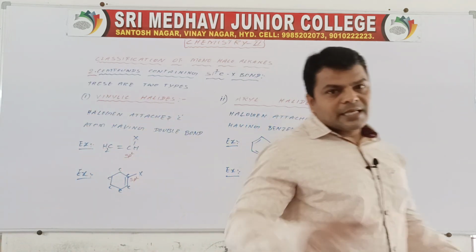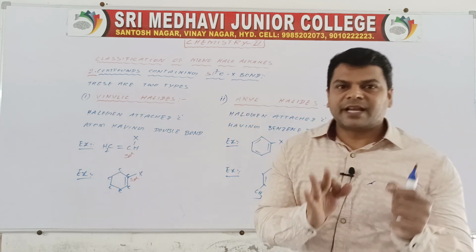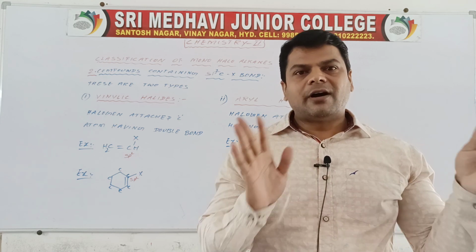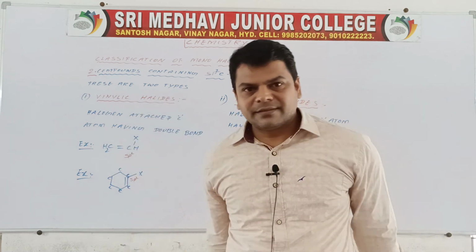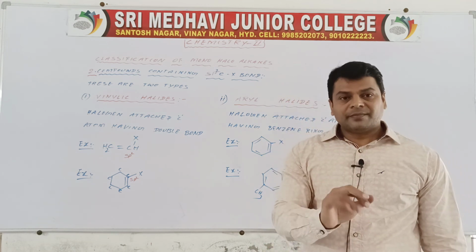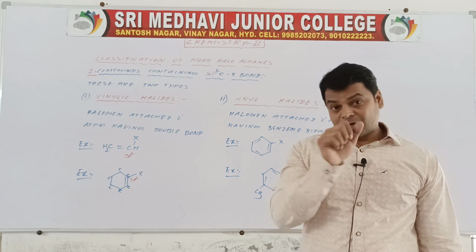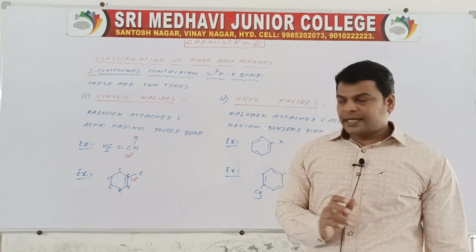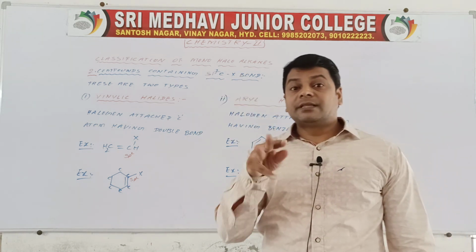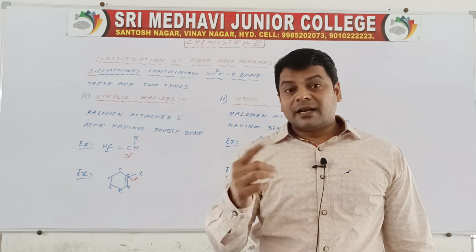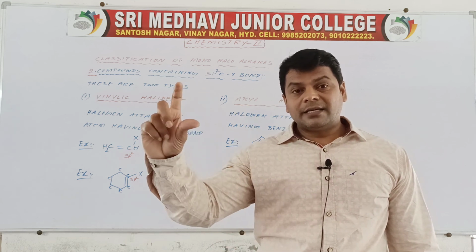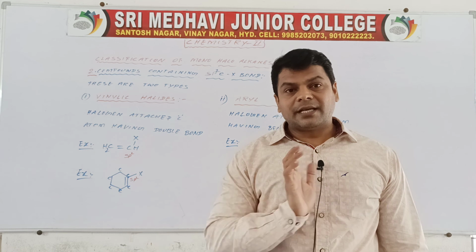Understand? This is briefly the classification of haloalkanes and haloarenes. First is based on halogen. Next is hybridization of the carbon: the sp3 C-X bond, which is three types: alkyl halides, which are again divided into primary, secondary, tertiary, then allylic halides, and benzylic halides.